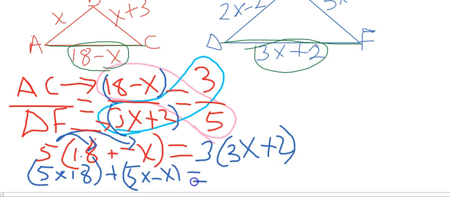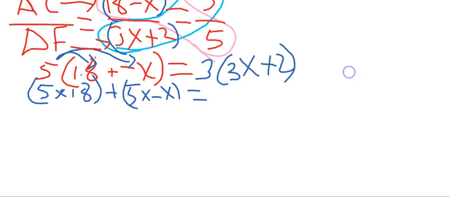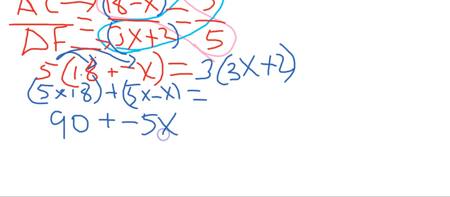That's for that side. So 5 times 18 is 90, plus 5 times negative x, so it's negative 5x. Okay, so that's simplified that side.